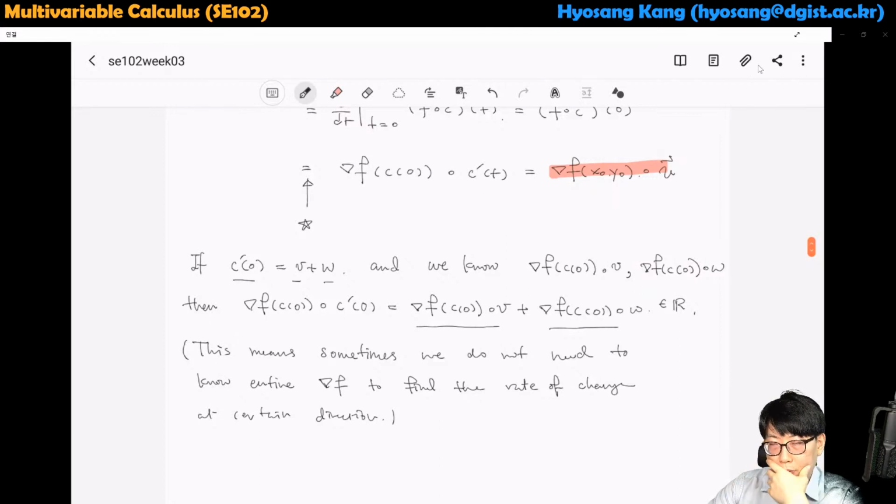So why is it important? Why do I talk about this part? Mathematically, if you have a formula, of course you can find the gradient by taking partial derivatives. But if you want to apply this theory in practice or in some experiment, sometimes it's impossible to find the entire formula of a function which determines your system.